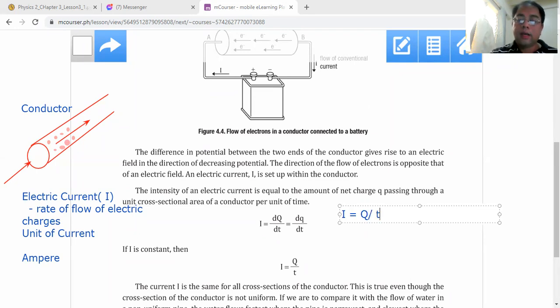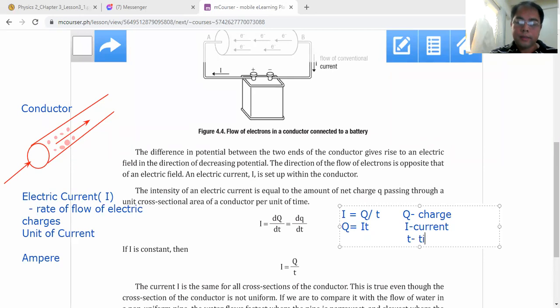Or the charge q could also be the product of I times time. Again, our value q here is the charge, then you have your current I, and the last value there is your time.